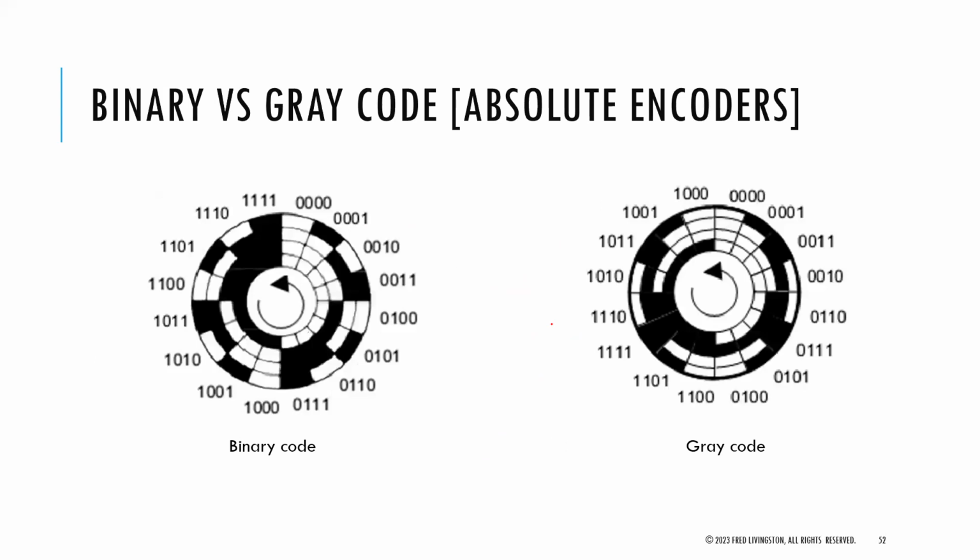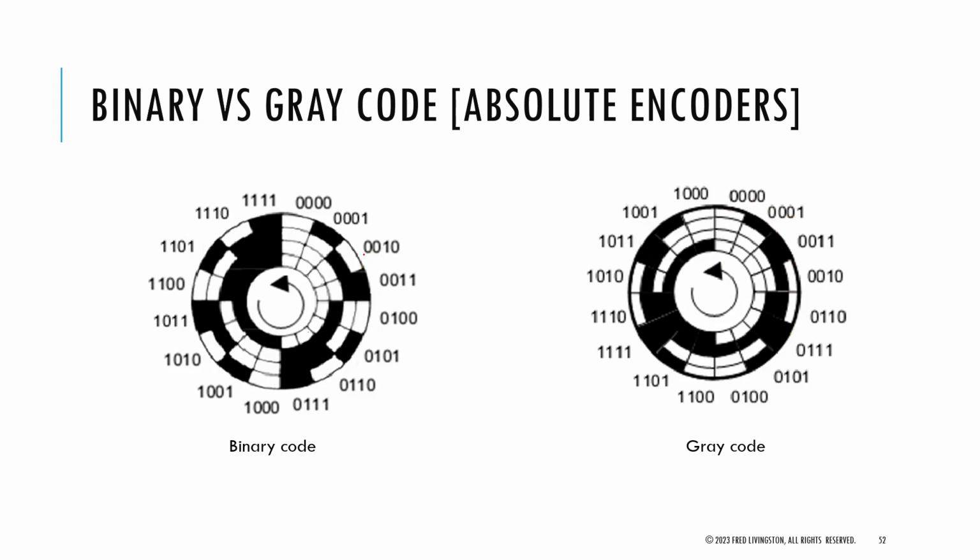And another difference between the binary and gray code, do you remember the difference between these two encoders? One goes from 000 to 001. You see we have only 1 bit change here. Here, a 0 is the white and a 1 would be a black.